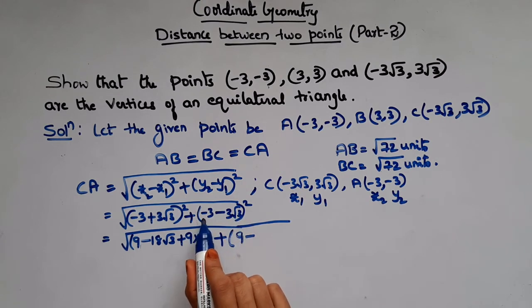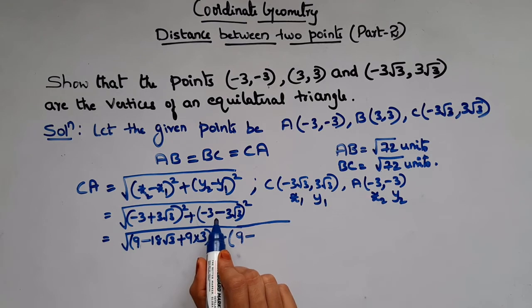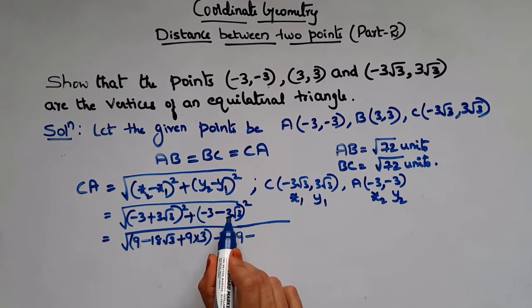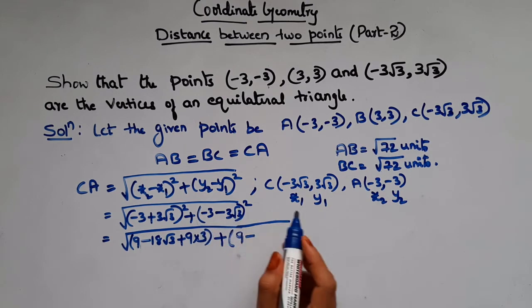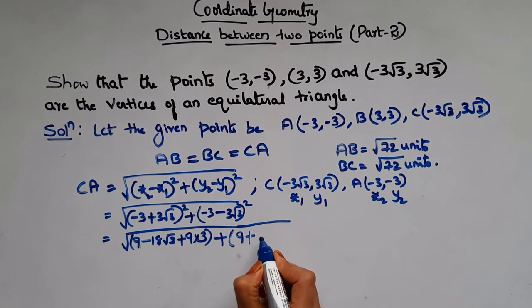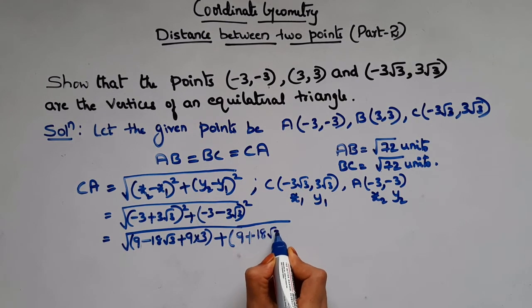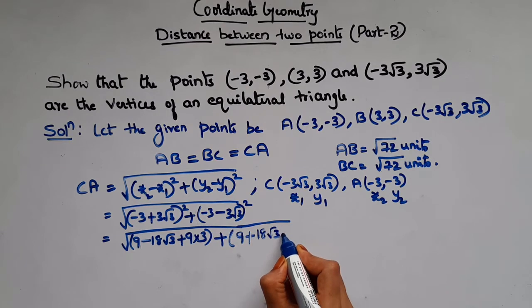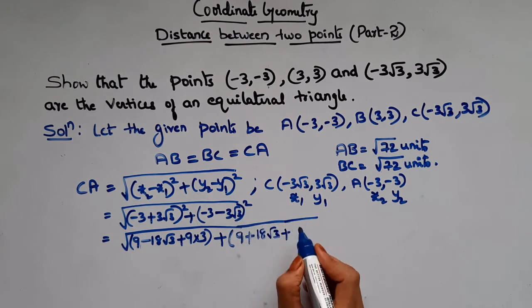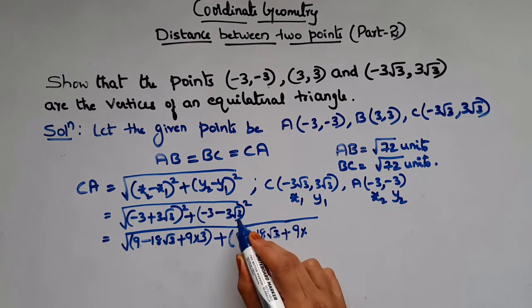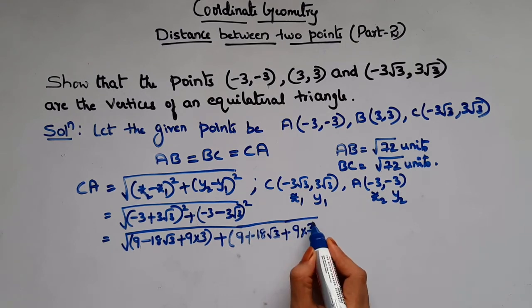So 2 into minus 3 will give you minus 3 2s are 6, so 6 3s are 18, minus 18 root 3, right? Minus of minus is plus 18 root 3. And your b square is 3 square is 9, 9 into root 3 the square is 3, right?